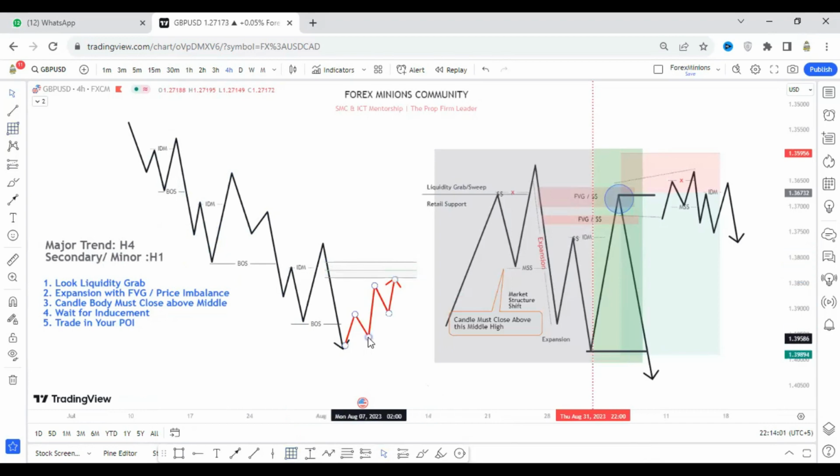You have a POI zone here, and this is our higher time frame inducement. This is your higher time frame inducement, and this is your POI zone. Then the market will approach this POI zone, and this is our higher time frame POI zone.